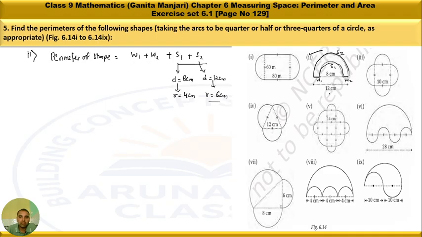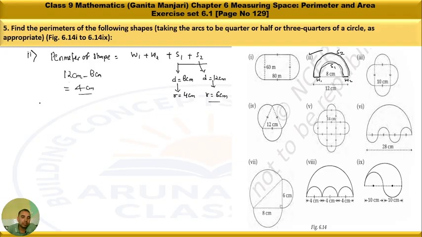As we can see in this figure, the total complete length is 12, which is the diameter of the outer circle, that is S2, and the inner distance between these points is 8, which is the diameter of the inner circle. If I subtract 12 centimeter minus 8 centimeter, it will be 4 centimeter.